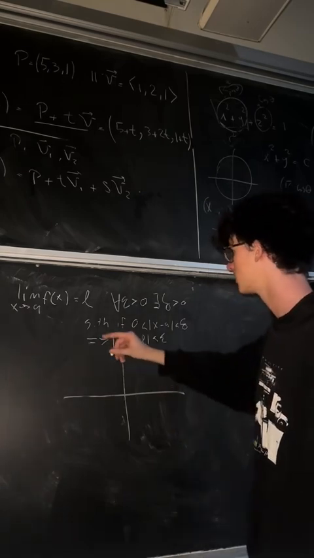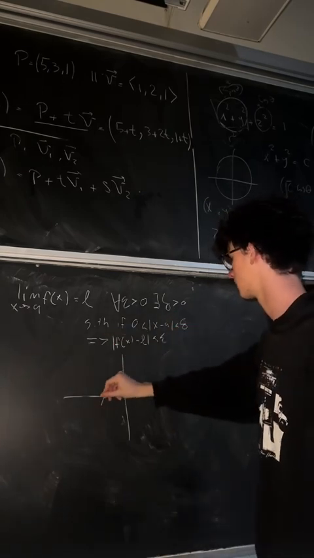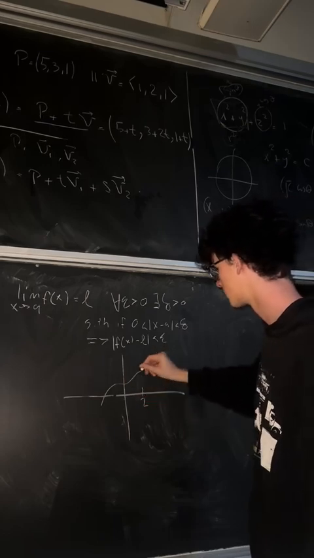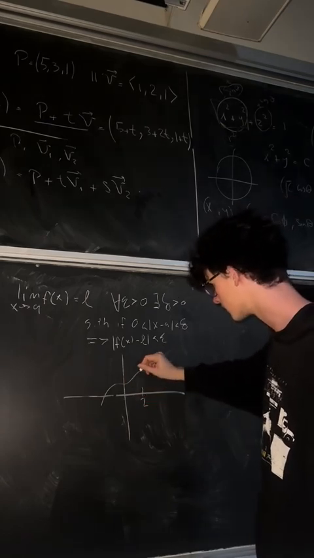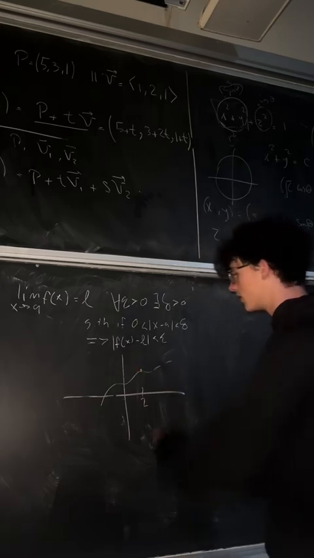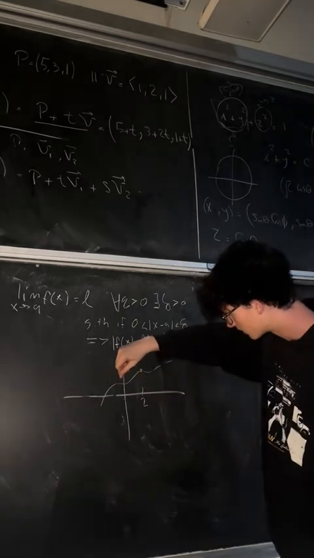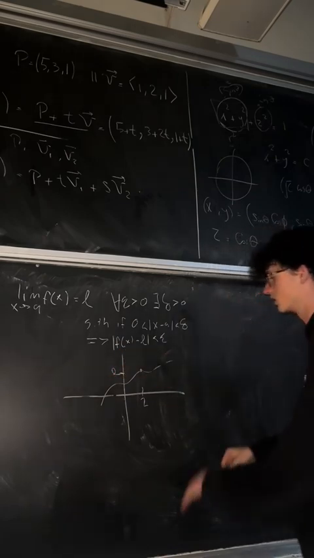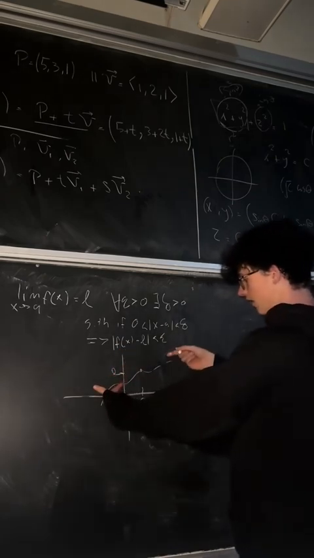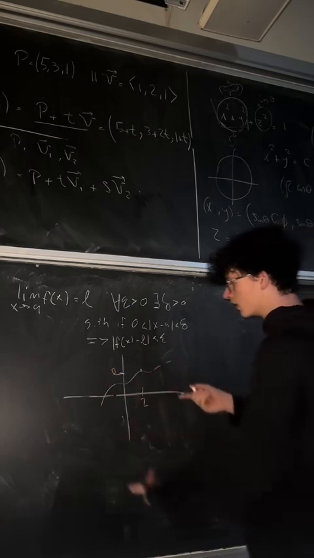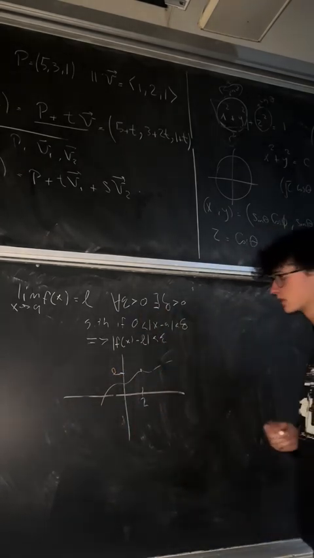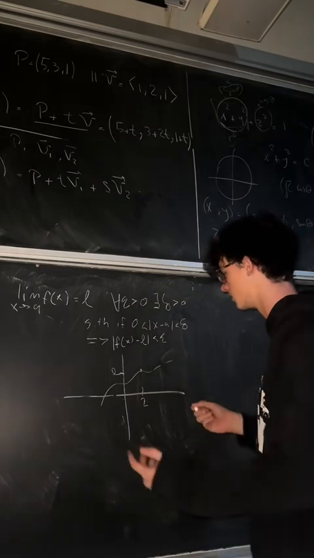But let's say we have that same function like this. We have that same limit at 2, right? And so at 2, f of x takes on this value here. We'll just assume f of x is continuous, right? So it takes on this value, this L. And so traditionally, we have f of x converging to this limit. But now we define some epsilon and delta. First we'll go with delta.